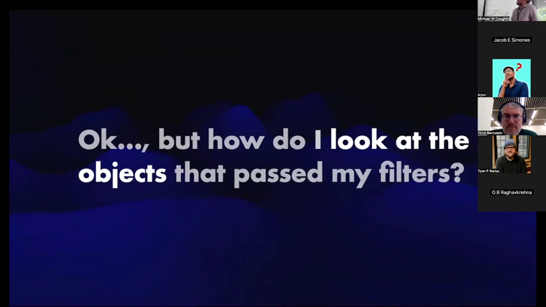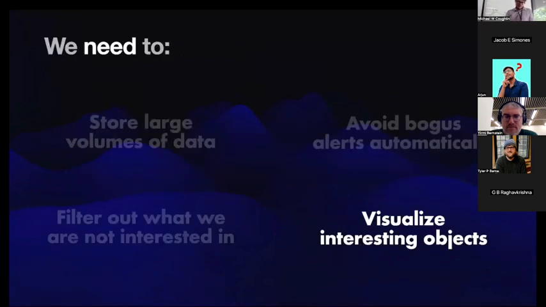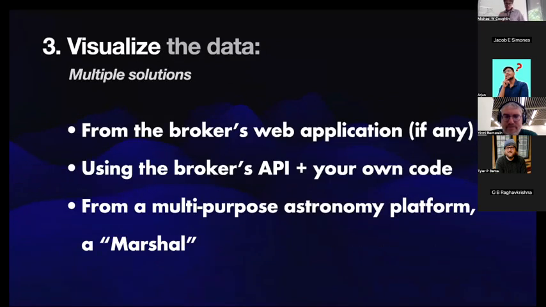Okay, so how do I look at the objects that pass my filters? There's a variety of different ways that you will do this. Some brokers run web applications, right? This isn't true for all of them, but some have interfaces where you can click around and play around.